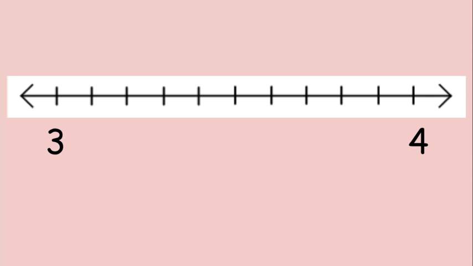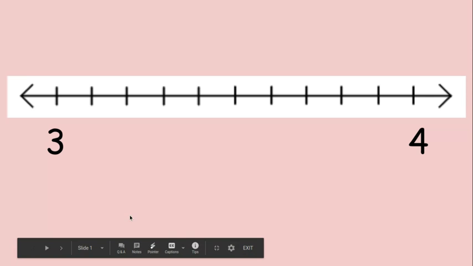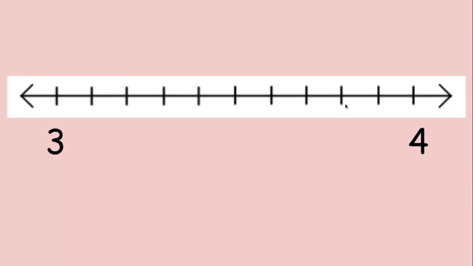You're going to notice that one of your slides has you placing, I think it's about 12 numbers on a number line. Your number line looks like this. It starts with 3, it ends with 4, and there's a lot of hash marks in between. What do those hash marks in between represent? Those are tenths places. So it starts at the number 3, it ends at the number 4.